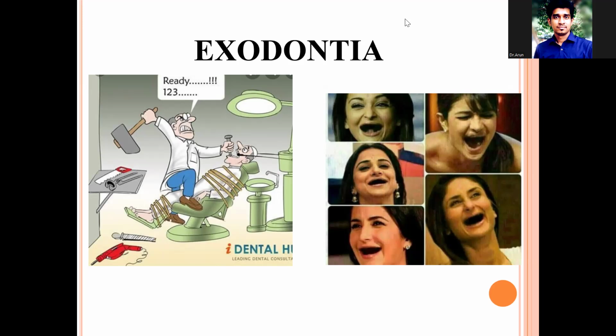How do we do it? Positioning the patient, administration of local anesthesia, loosening or luxation of soft tissue attachment from the tooth, adaptation of forceps to the tooth, luxation of tooth by forceps, and finally removal of the tooth.